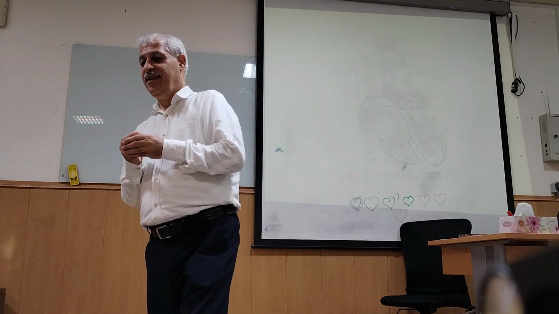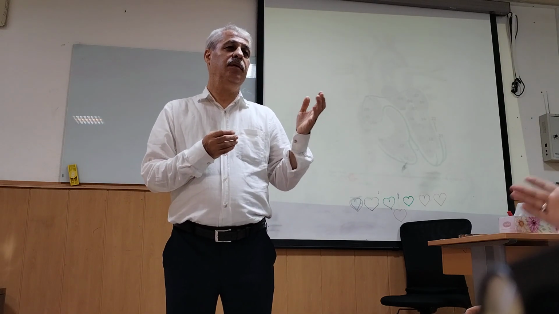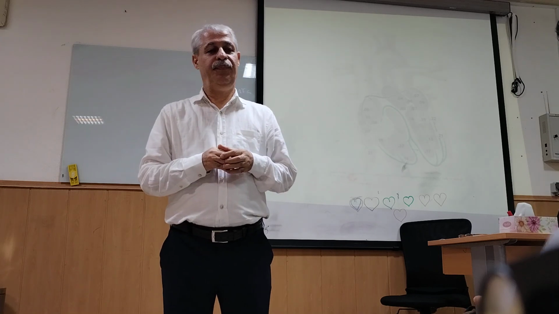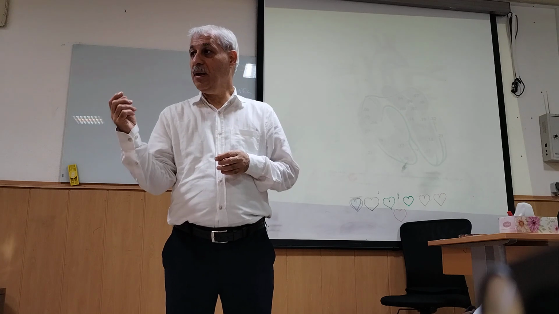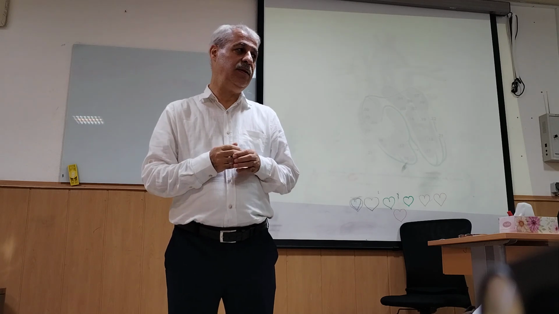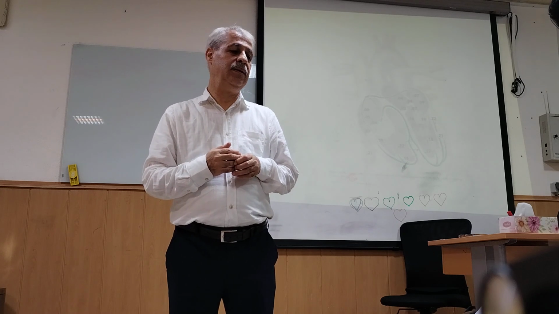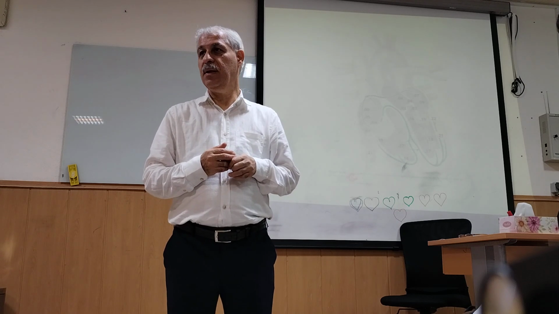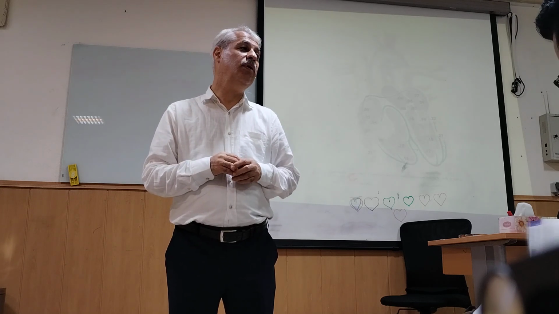Why, other than the SA node, can other points and structures in the atria and the ventricle initiate the automaticity of the heart?